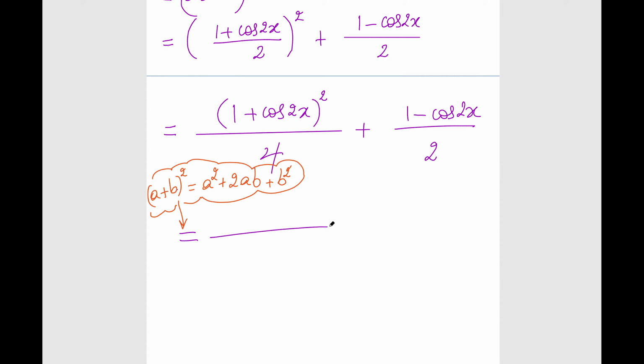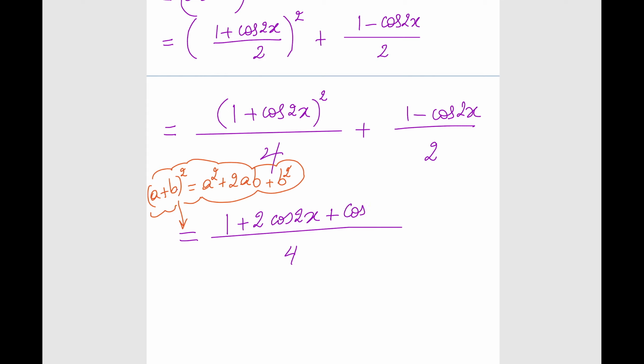Now what do we get? We get, still 4 downstairs. And upstairs I have a squared, so 1 squared, which is 1, plus 2 times a, and a is 1, so 2 times 1 times b, which is cosine 2x, plus the square of b.